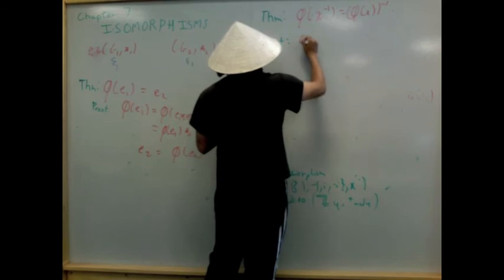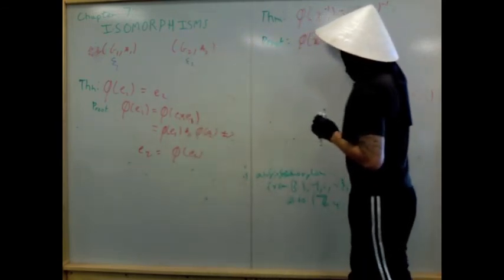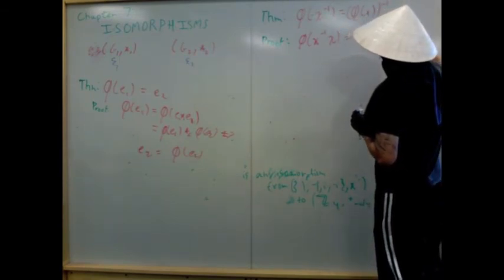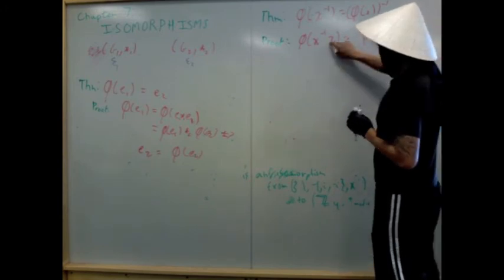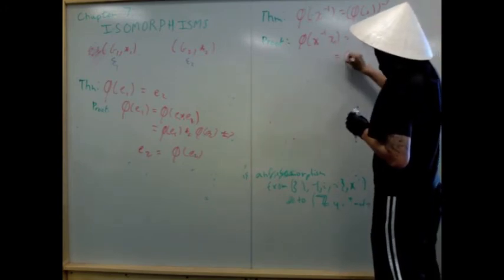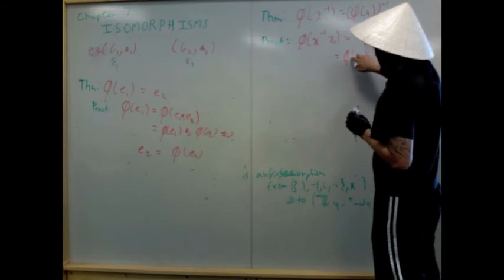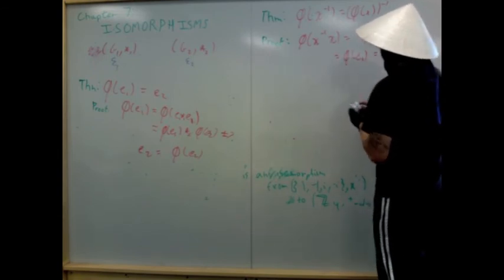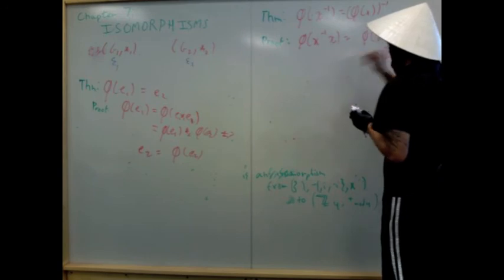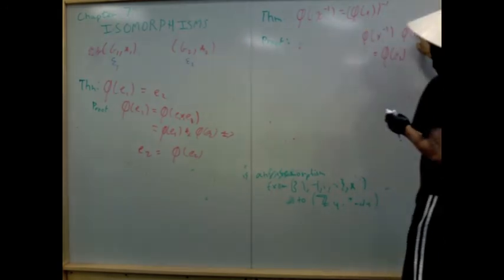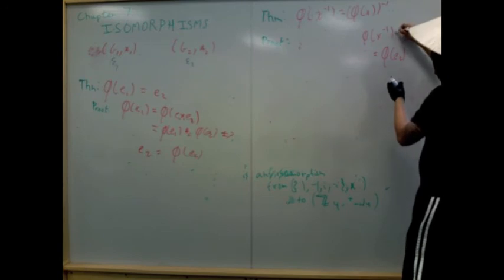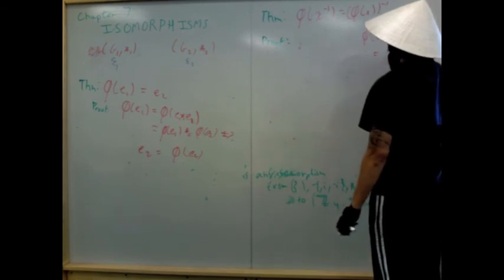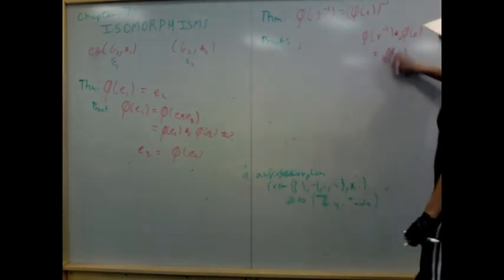Phi of x inverse times x equals, by the homomorphism property, phi of x inverse times phi of x. We just proved phi of e1 was equal to e2. So let's just get rid of the intermediary steps. We have phi x inverse times phi x equals phi e1, which is equal to e2, because of what we just proved.